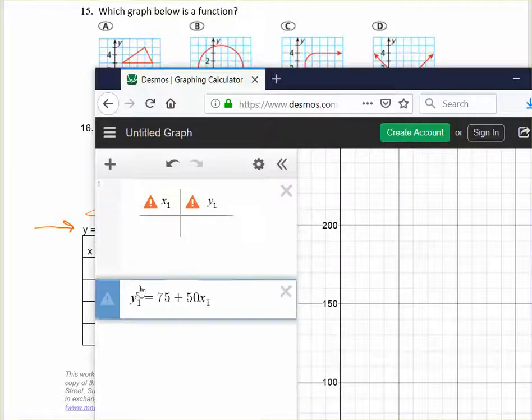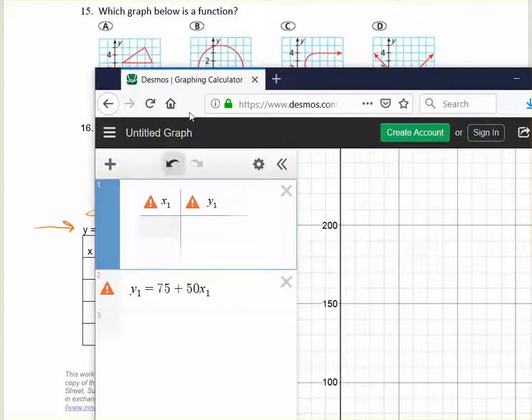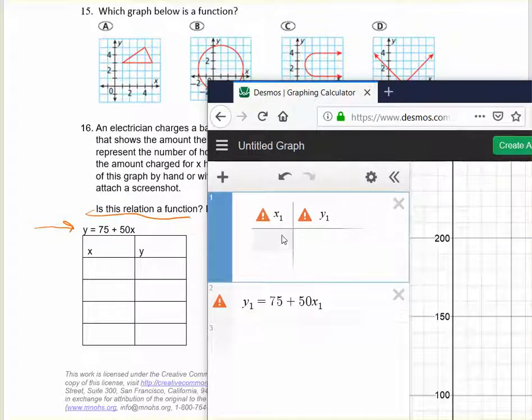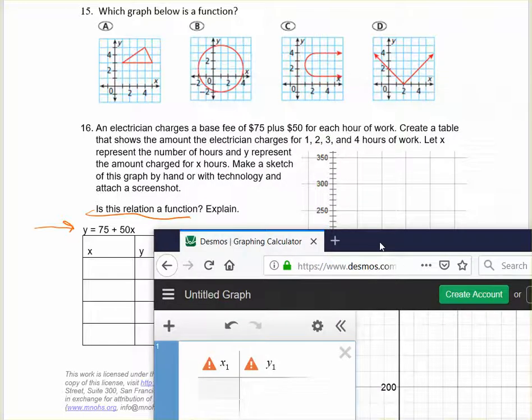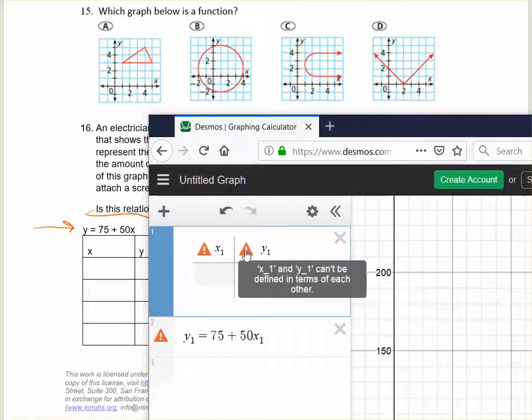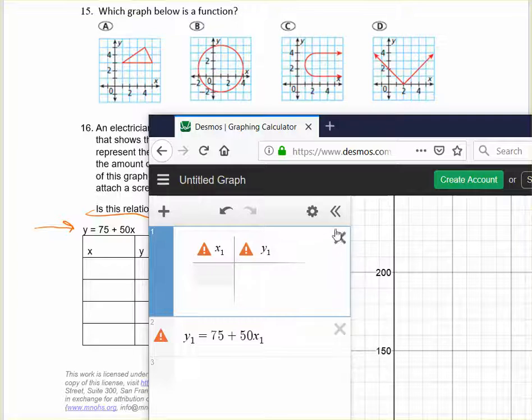Maybe I have to have the table first and then the y values. So my first x value should be 1. I think it was 1, wasn't it? For 1 hour of work. It won't let me do it. What's the error? X1 and Y1 can't be defined in terms of each other.